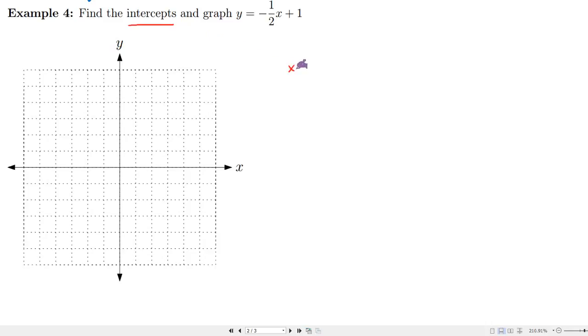So the x intercept, this is where the equation meets the x-axis, right? In other words, it intercepts the x-axis.